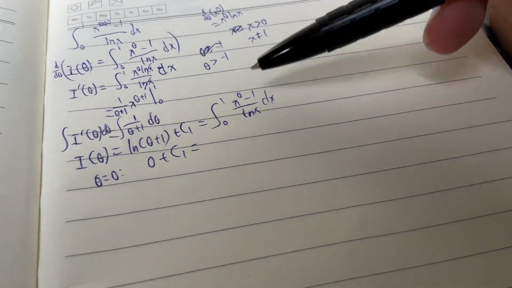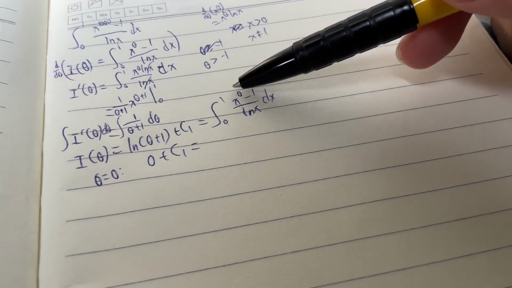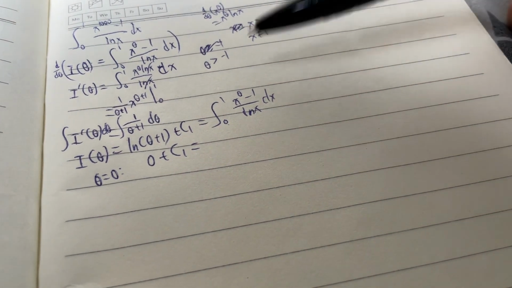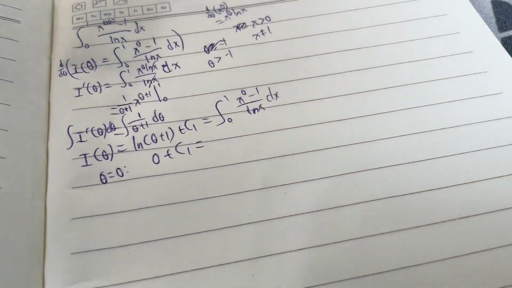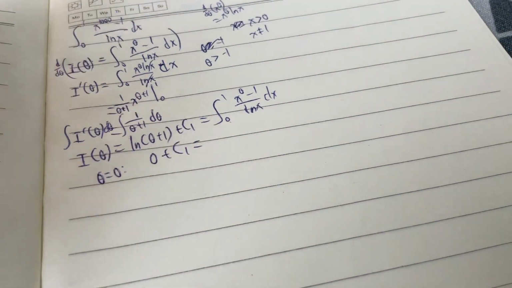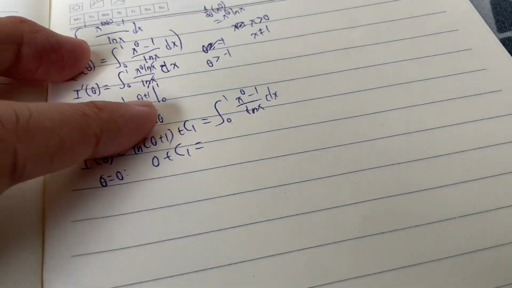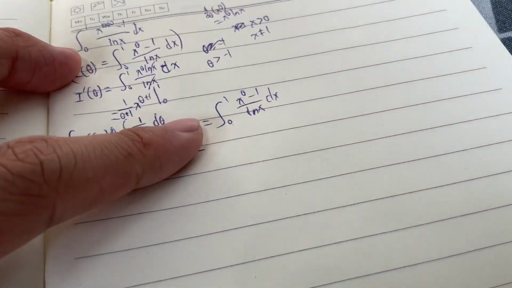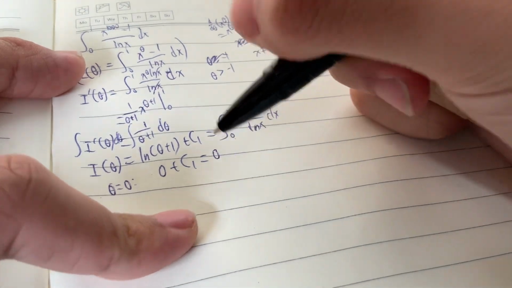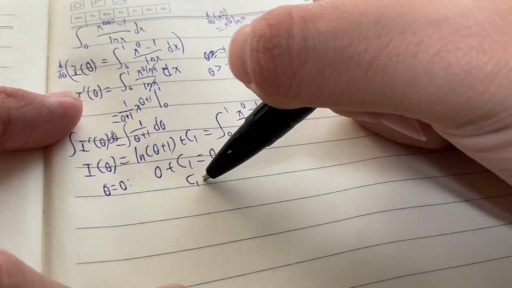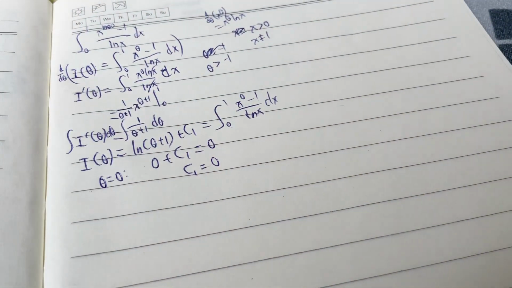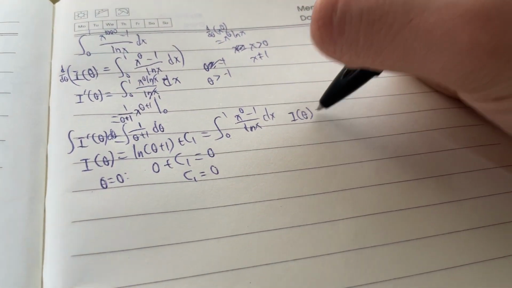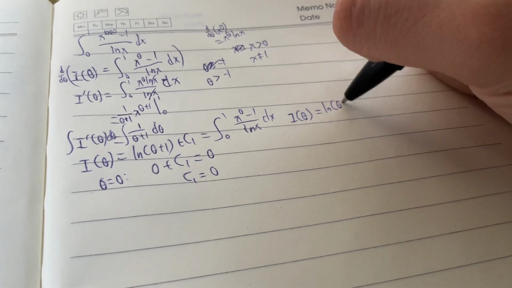And in the original, x to the power of 0 is 1, and 1 minus 1 is 0. 0 over all this, you will get 0. So our C1 is just equal to 0, and that is very good. So our I of theta is equal to ln of theta plus 1.